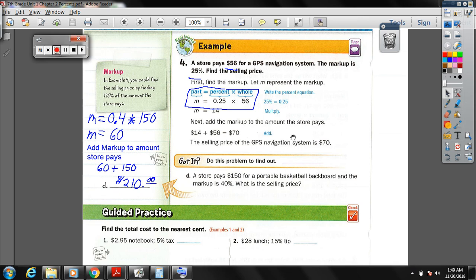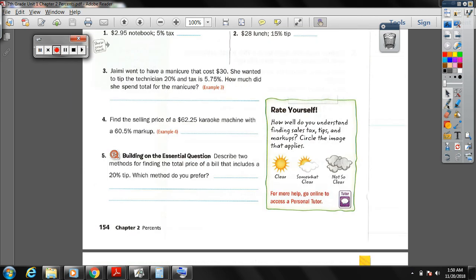Now, there are a couple other problems that I would like to discuss. First, let us look at number 4 in the guided practice. For number 4 in the guided practice, we have find the selling price of a $62.25 karaoke machine with a 60.5% markup.